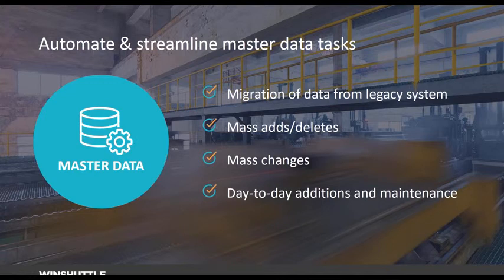So Winshuttle tools can help you in all of these cases, whether you're migrating from a legacy system to SAP's plant maintenance, or whether you're doing a mass add or a mass deletion of equipment and materials, depending on if you're acquiring or retiring plant and equipment. You could be doing the mass changes, as we mentioned in the poll. There's times where you need to make a change to a mass of master data records. And then there's just the daily work that you need to do as new equipment and materials come online or things change in the business. So those are all the areas we can help.